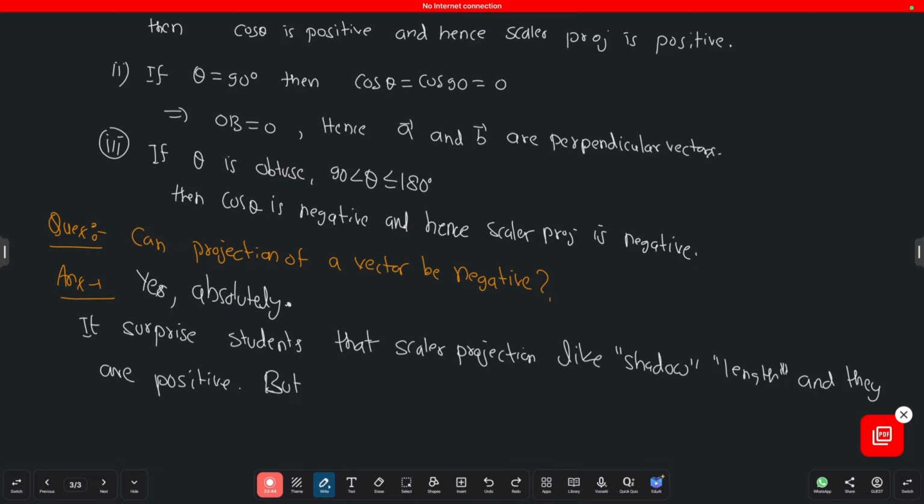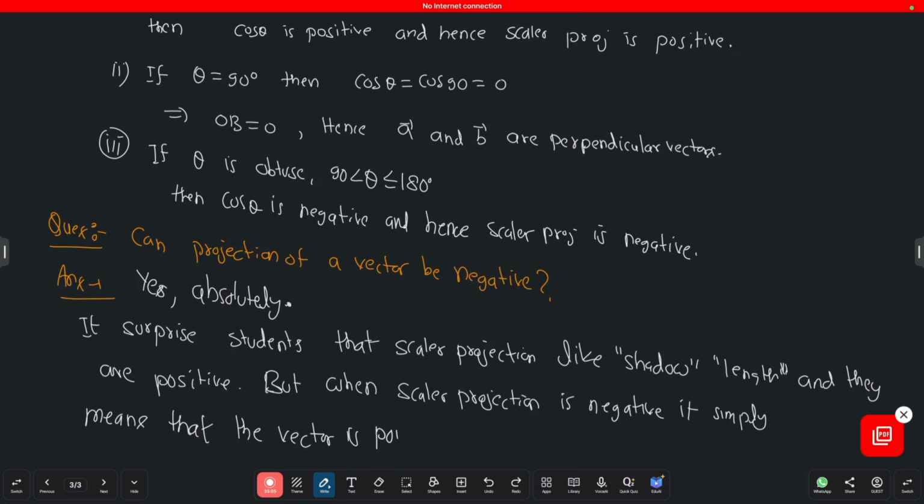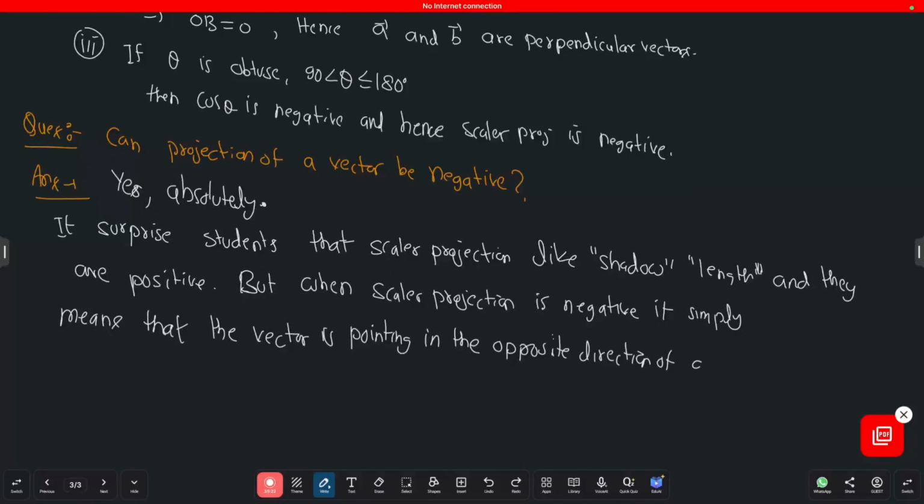But when the scalar projection is negative, it simply means that the vector is pointing in the opposite direction of a directed line.